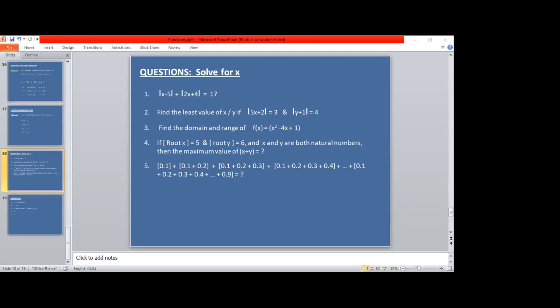So are my answers correct? You should check your answer to question number 5, and question number 4. Let me check for question 4.